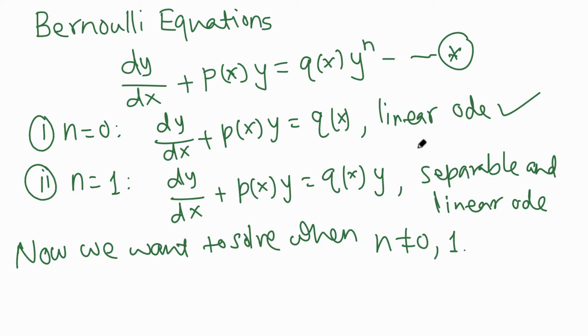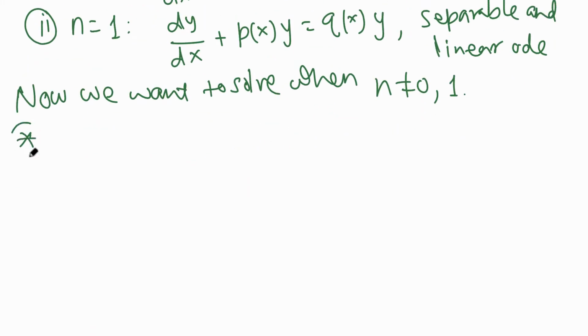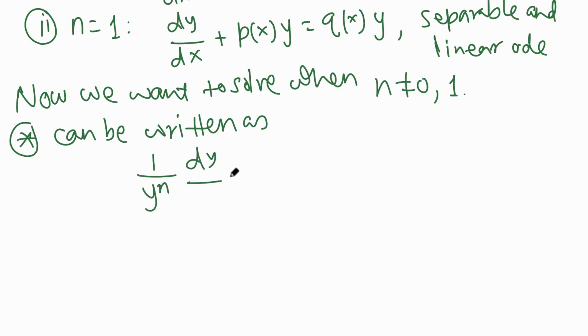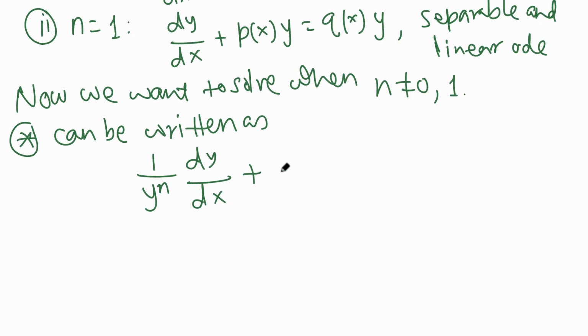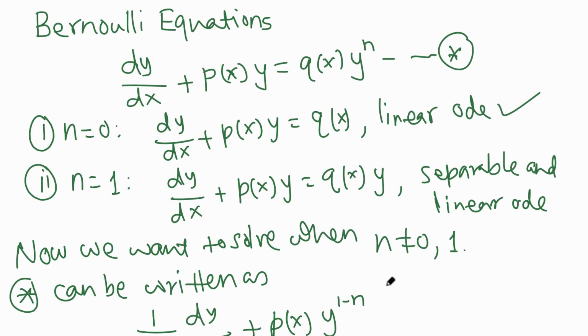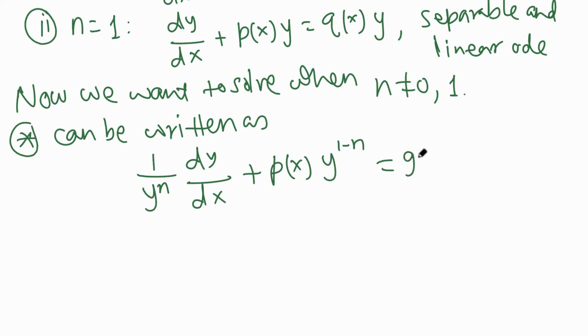Once we have a linear equation, we find the integrating factor. So here is the thing: we divide both sides by y raised to n. Star can be written as 1 over y^n dy/dx plus, in the middle, p(x)y over y^n, so y raised to 1 minus n, equals q(x).